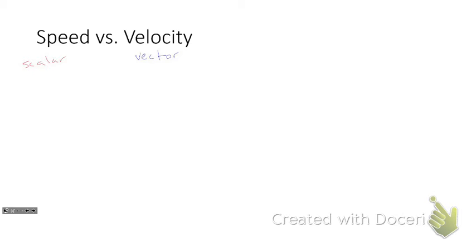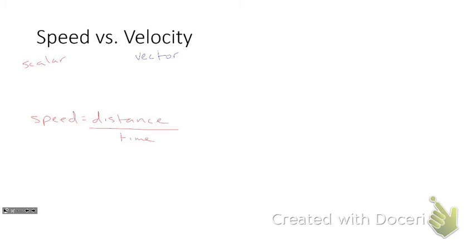Okay, so how do I measure speed? If it is a scalar quantity, am I going to use displacement for speed? No. Distance, yeah, good. And how do I find my speed? Do I just measure a distance? Distance over time, good.